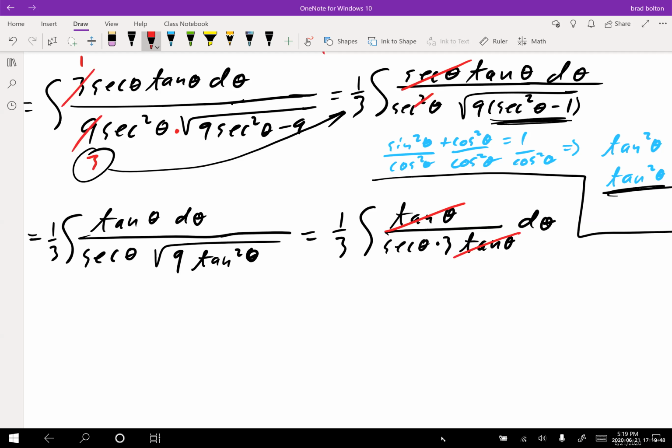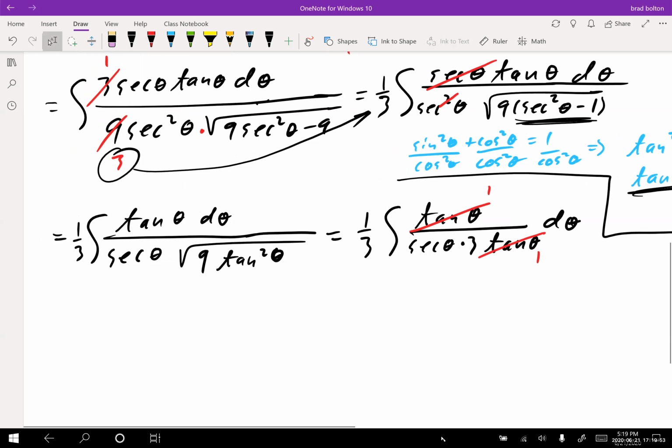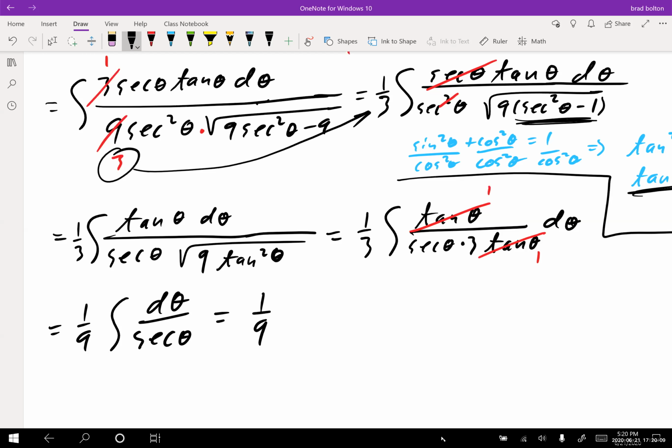Our tangent cancels with this tangent. Let's keep going. So now, oops, this will be 1/9 now, right? And this will be d theta over secant theta, okay? Now here's the thing, a secant theta in the denominator is the same as a cosine theta in the numerator. So if I clean this up, this just becomes cosine theta d theta, which just becomes 1/9 sine theta plus c.